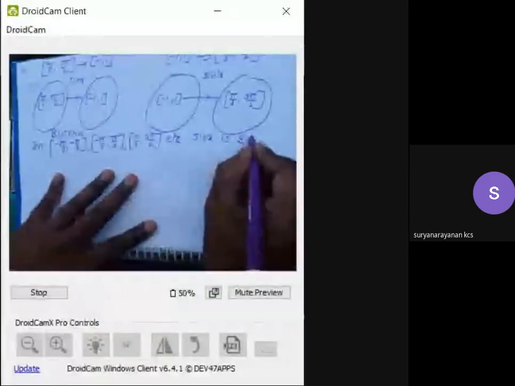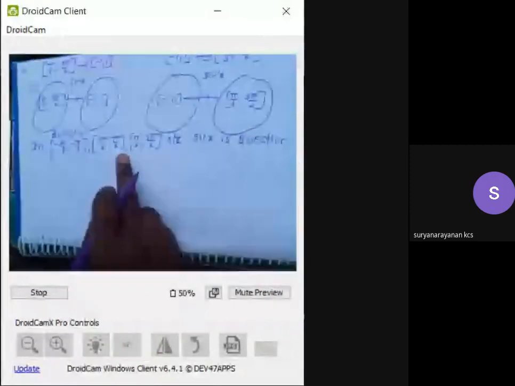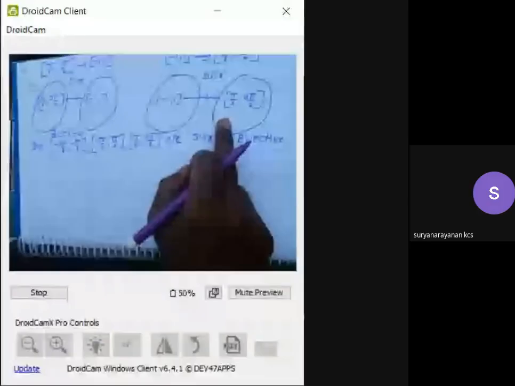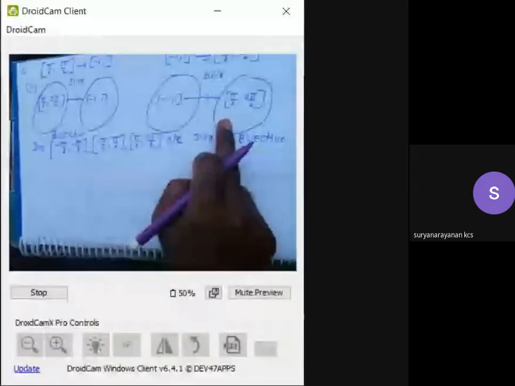Since it is bijective, we can find its inverse function. But all these are different branches of sine inverse.